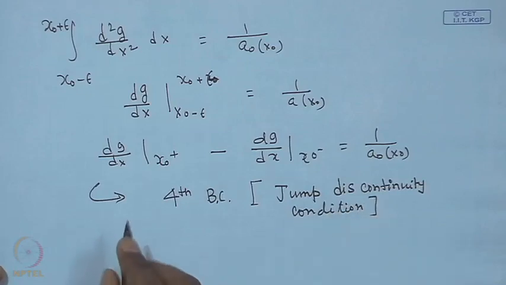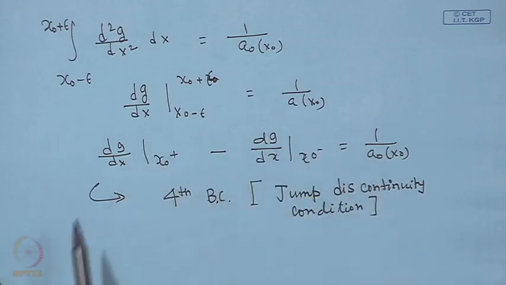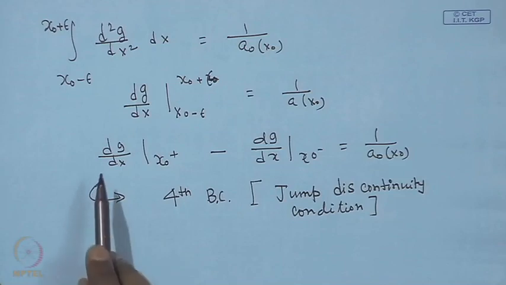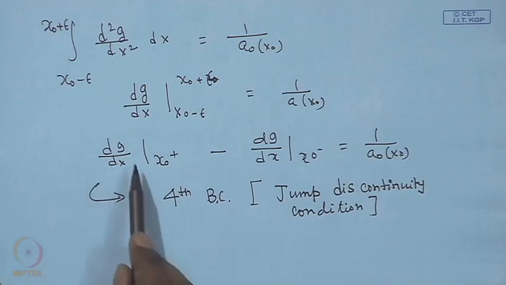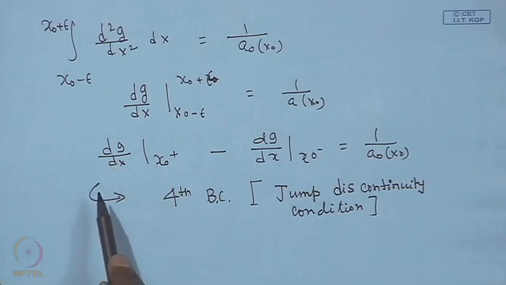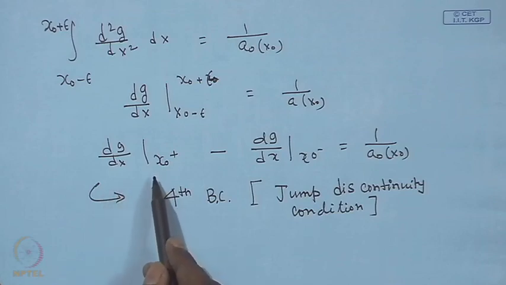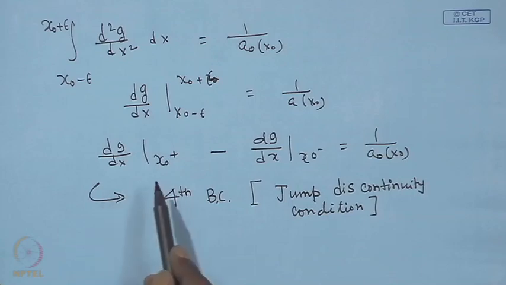Jump discontinuity condition. That means, how will you evaluate? We will be having 2 solutions of G, one is the lower half solution, another is the upper half solution. For del G del x evaluated at x naught plus, we evaluate the upper half solution at x naught plus epsilon and make epsilon tend to 0.